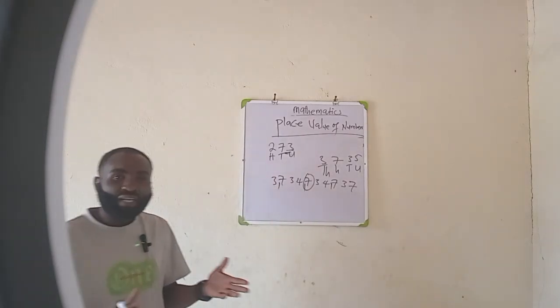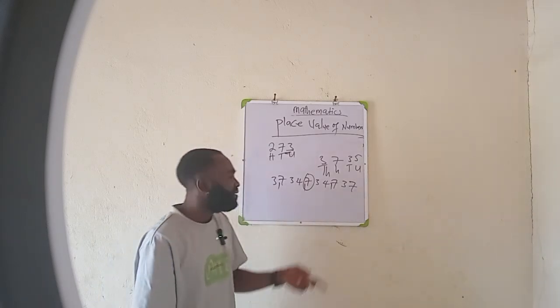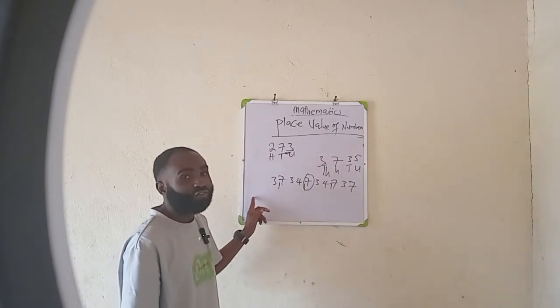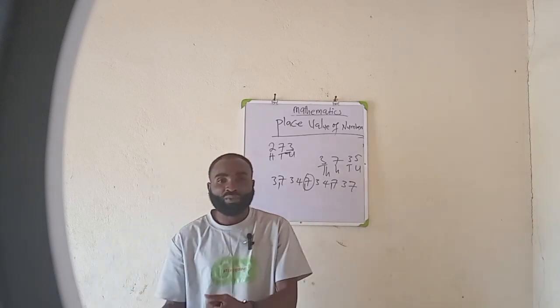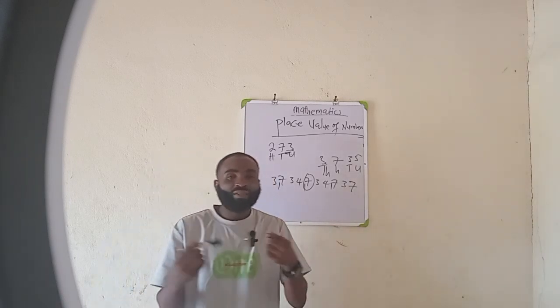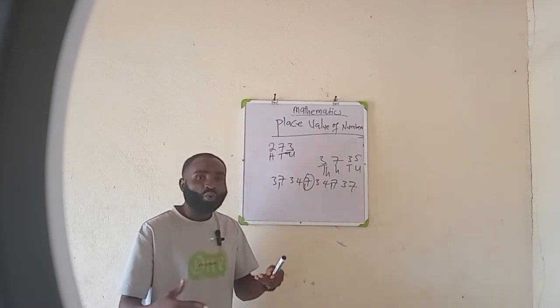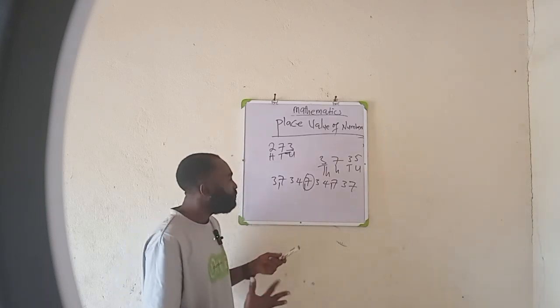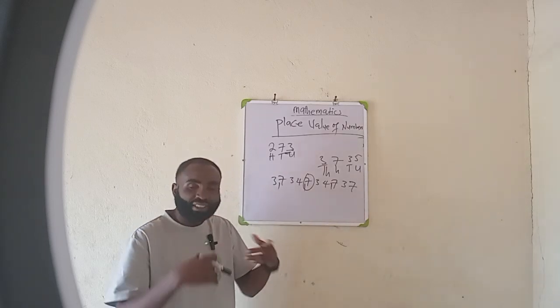After you have separated this 3, 3, 3, the next thing to do is to count the digits you have. Count each and every digit to know whether the number is in billion, trillion, or hundred. With that, you'll be able to know which number you're handling. So from that, you can easily identify the position of each digit.